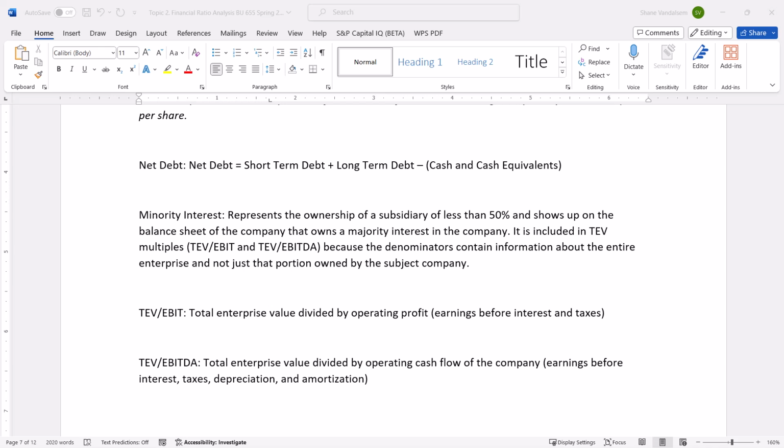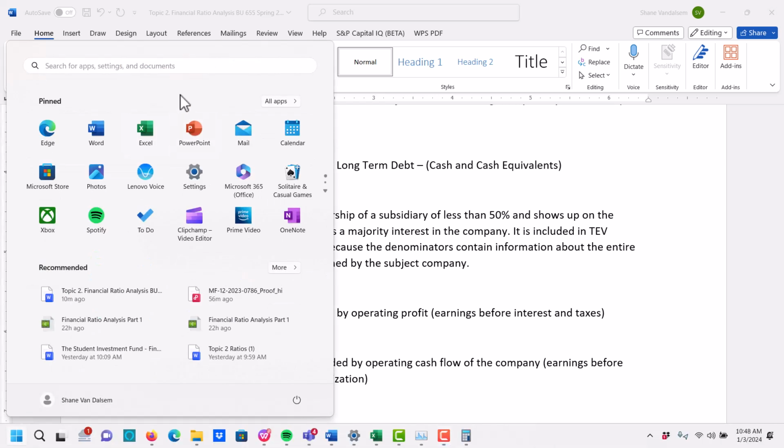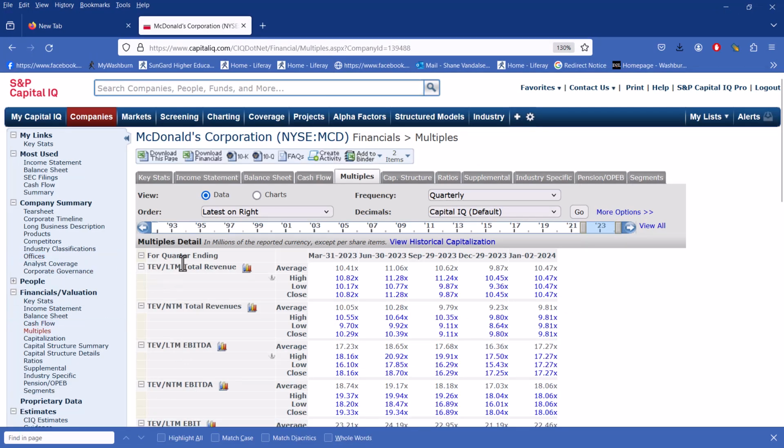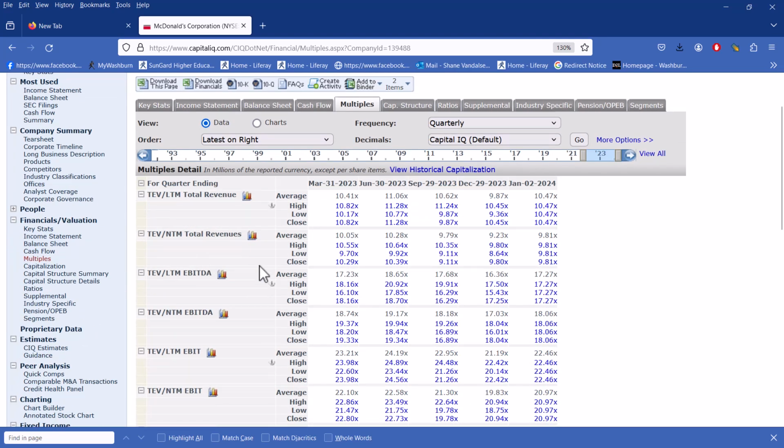So let's go out and look at McDonald's again here. I'm going to go out here and I'm showing you this first page. This is Capital IQ again, and we're looking at the multiples measures here. I'll just show you this first one, and we're looking at trend analysis over time.